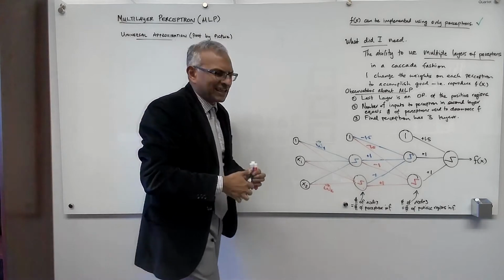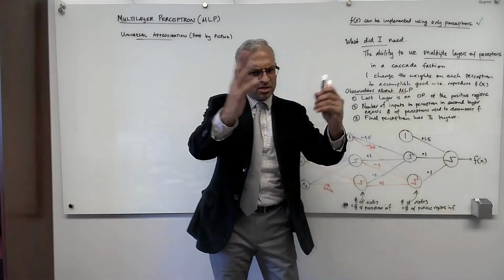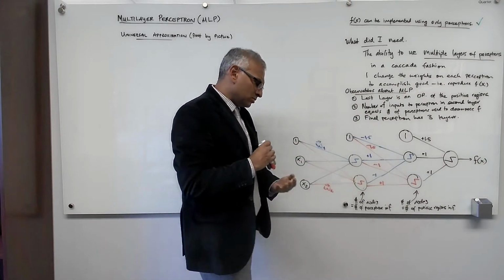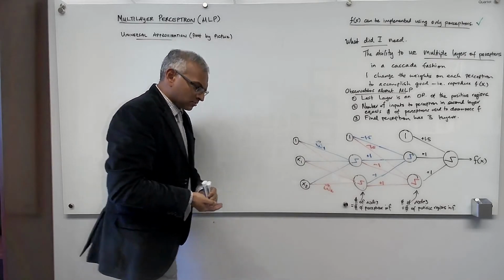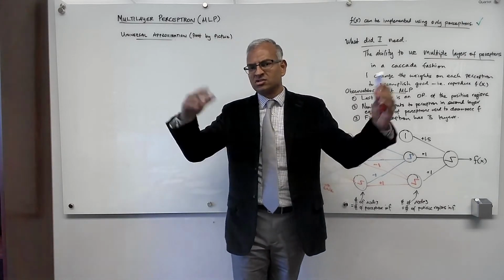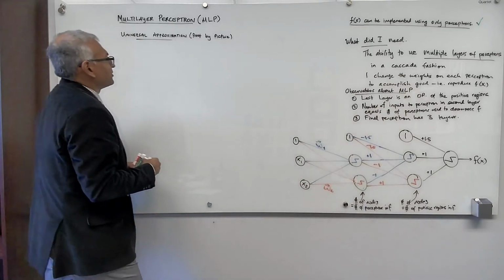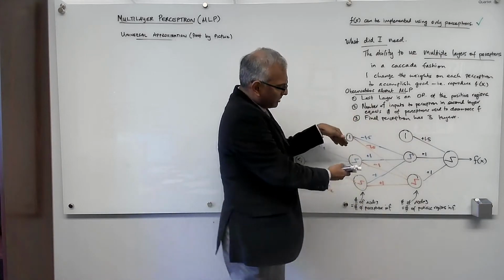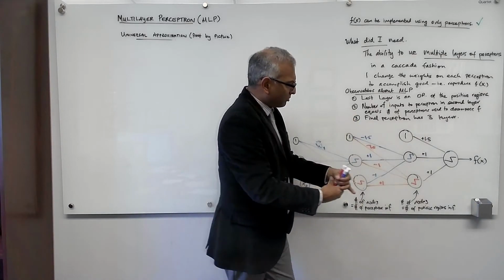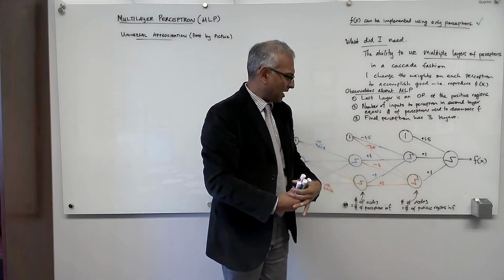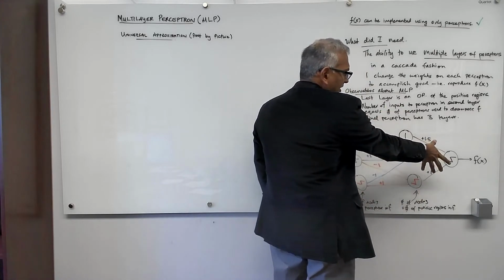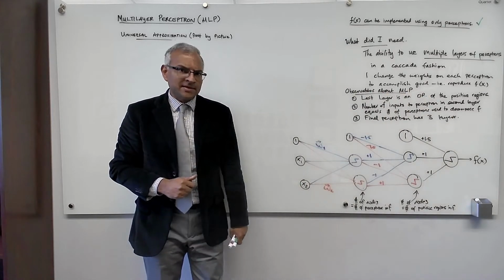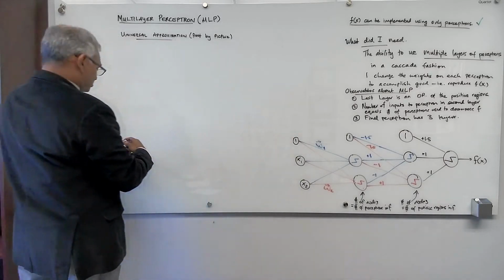Now, of course, those of you who are analysis inclined can go and put the meat into this proof. It's not going to be hard to do. You've got to get your epsilons and deltas all in agreement, and you can pull it through. You need to know the analysis, though. You need to know something about convergence of functions and limits, etc. But the basic idea is that using an architecture like this, if you allow me any number of perceptrons, and any number of positive regions, and the ability to combine with AND and the ability to combine the final with OR in the final layer, then I can basically do anything. Okay? And so here's the proof by picture.